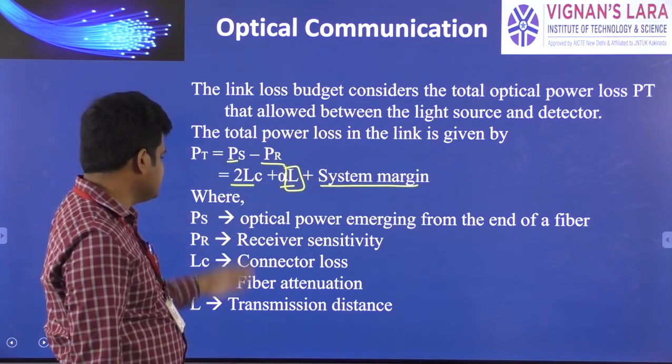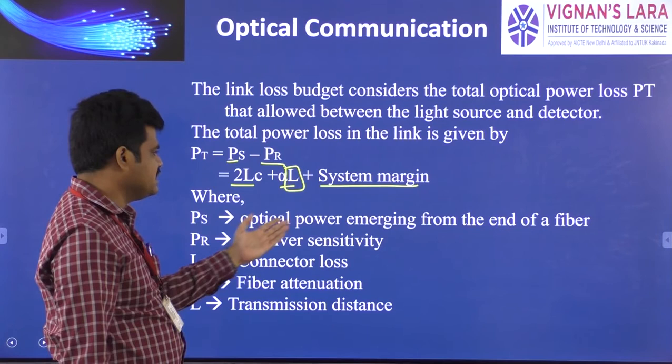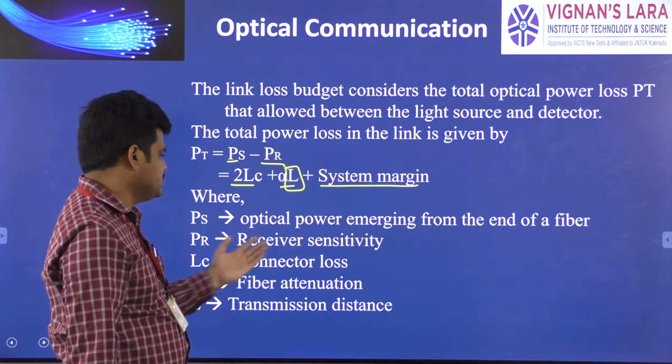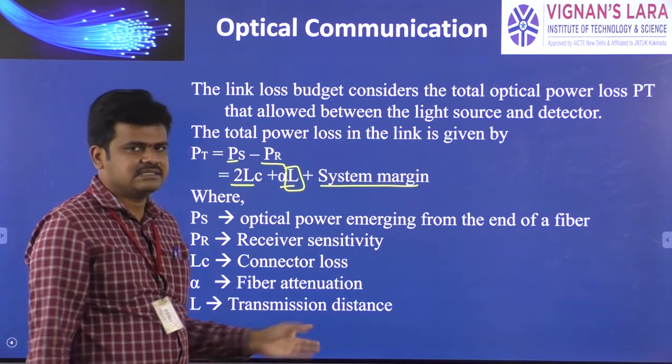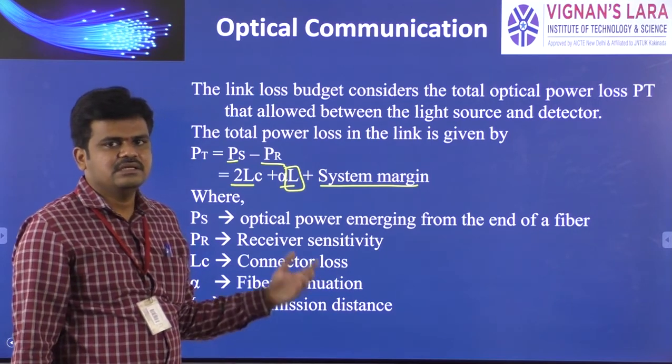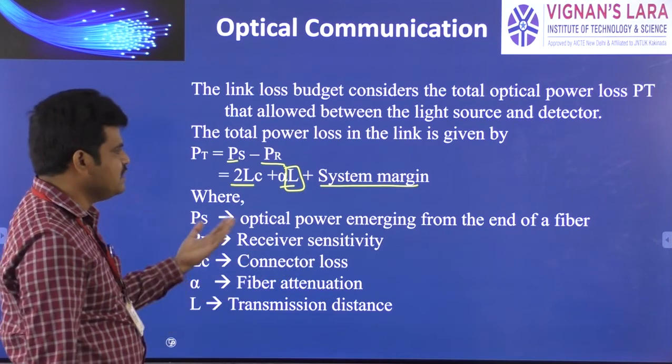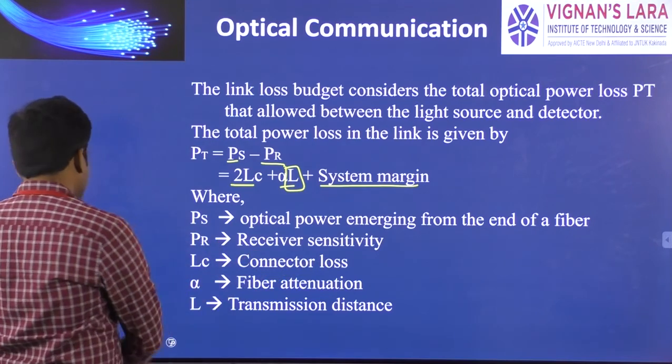How? By considering so many factors: power loss at the end of the fiber, receiver sensitivity, connector loss, fiber attenuation, transmission distance, etc. All these parameters are considered in calculating the link power budget.